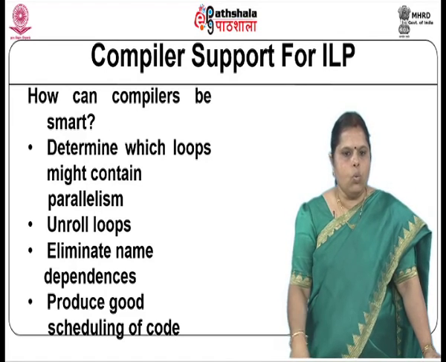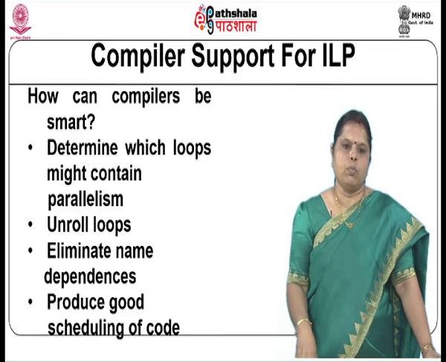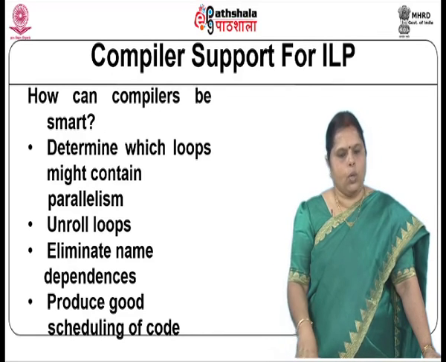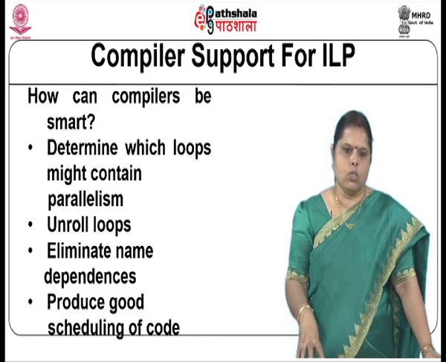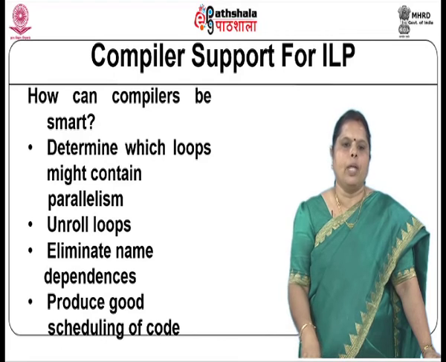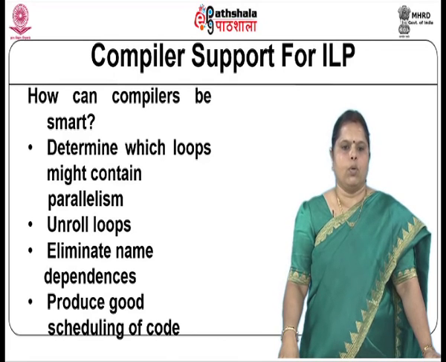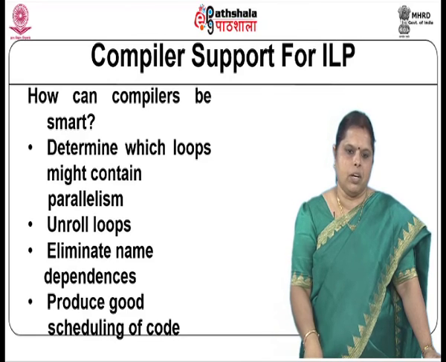So basically, how the compilers can be smart is to find out that loops might contain parallelism, that is, they don't have a loop carried dependence, and have independent iterations. So it is possible for them to be unrolled. While unrolling the loop, take care of all the precautions. Make sure that you remove all the name dependencies by using different registers.